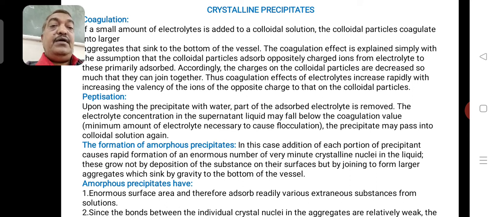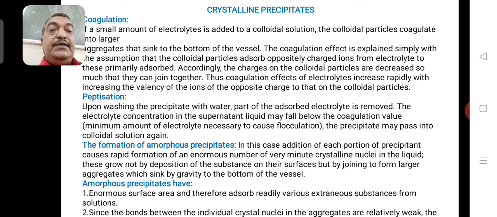The formation of amorphous precipitate, in addition to all these, causes the rapid formation of an enormous number of very minute crystalline nuclei in the liquid. These grow not by deposition of substances on their surface, but by joining to form a large aggregate which may sink by gravitational force to the bottom of the vessel.